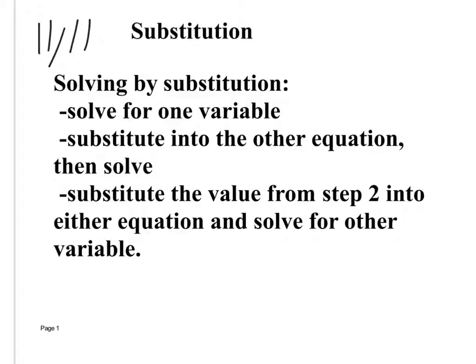And then you substitute that value, whatever you get there in step 2, into either equation, doesn't matter which one, and solve for the other variable. There's a lot of words. It doesn't make a lot of sense, but it will when we start doing it. So the first thing is solve for your variable, substitute it, and then once you solve for that, you substitute again. So it's solve, substitute, right?